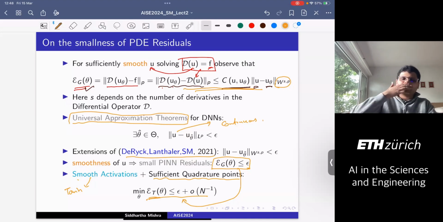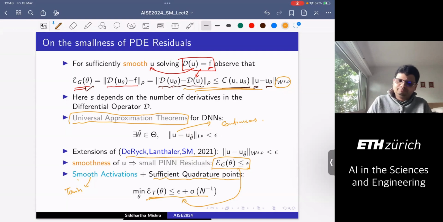At least in terms of the well-posedness of the problem, it is a well-posed problem in the sense that there are neural networks which can make the training error in principle as small as possible. Whether you find these neural networks when you start at a certain point and use stochastic gradient descent is a different question altogether, and this is what we are going to address in the next lecture.